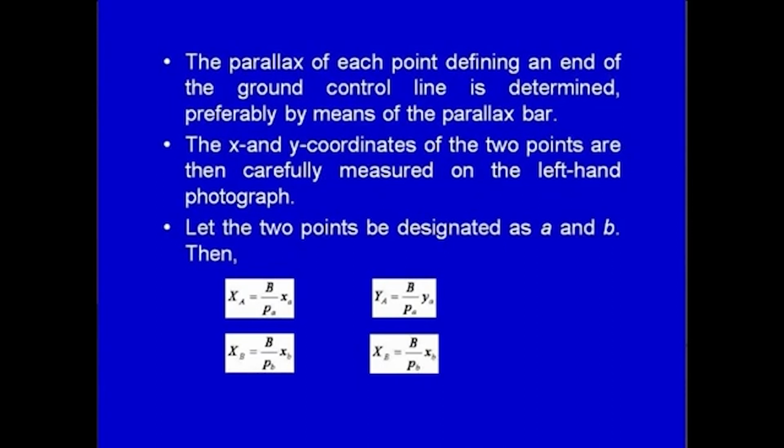Similarly, y A, that is the ground coordinate, can be expressed as the base B divided by P A multiplied by y A, and similarly we can express the same for the ground coordinate B also.